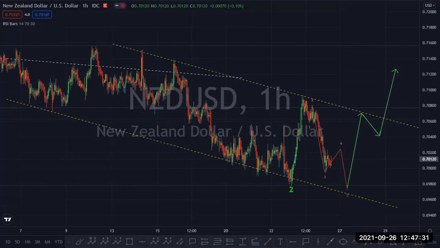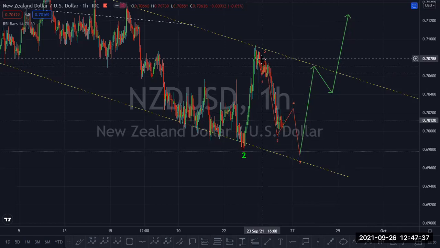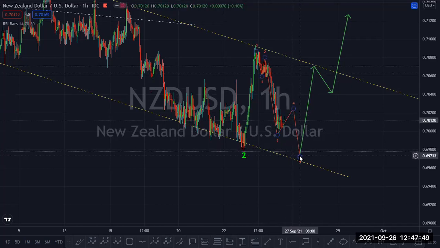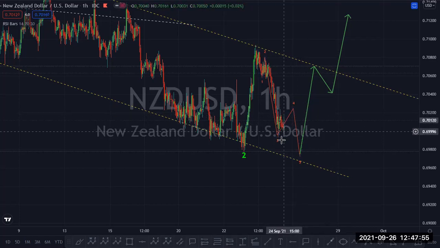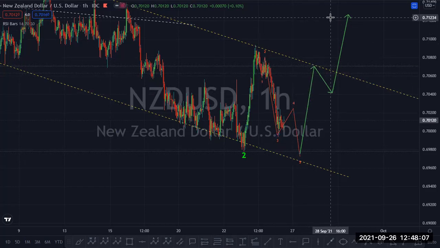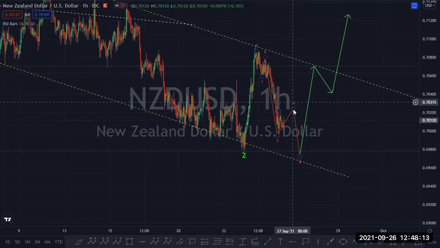On 1 hour, you can see this wave is trying to make 5 waves, but I don't mind these 5 waves because I see it as a corrective move. It's not a must that it will come here, but I expect it to go below this level. After that, the next buy I will not close until it gives me the complete pattern. I am looking for the buy based on 4 hours, but I will enter it on 1 hour.